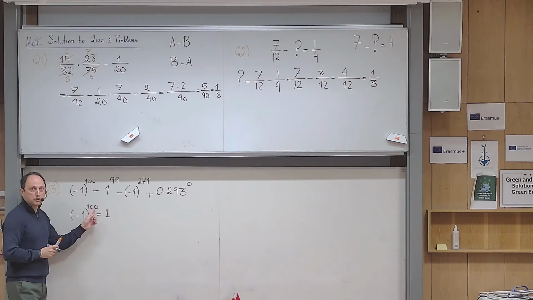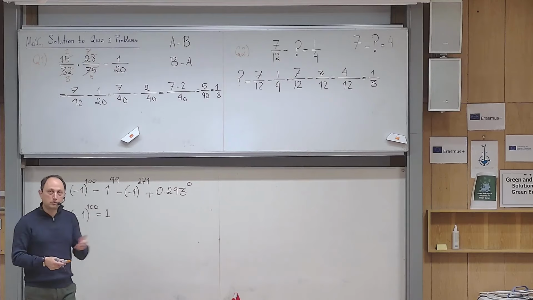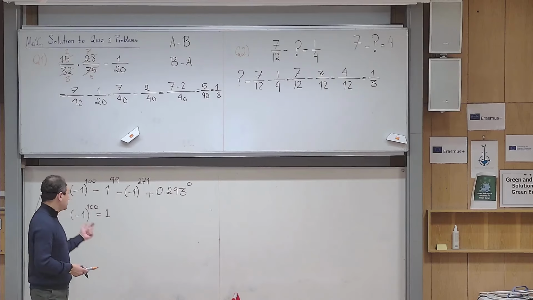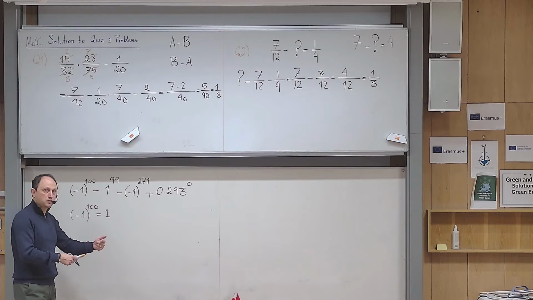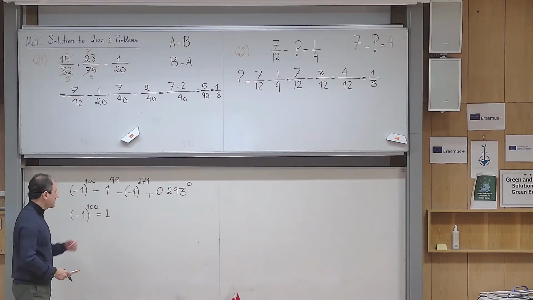Because the exponent is even. Technically, it means that you take minus 1, multiply it by itself 100 times. But if you multiply minus 1 an even number of times, all the minus signs are cancelled, and what is left for you is just 1. Because you multiply minus 1 by another minus 1, it becomes 1. You multiply 1 by minus 1, it becomes minus 1, and you continue so forth. The final answer becomes 1.